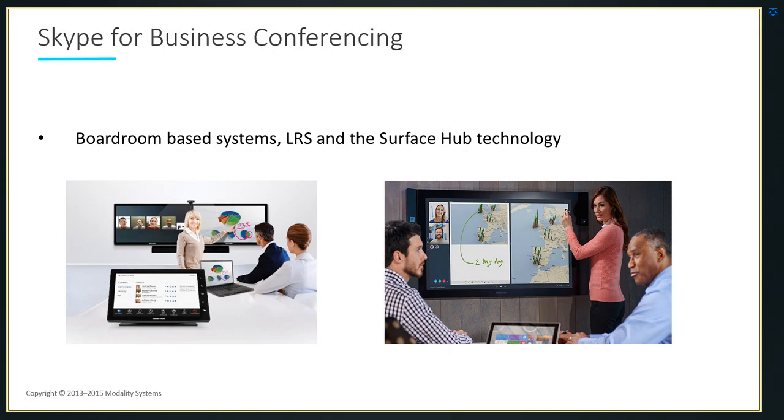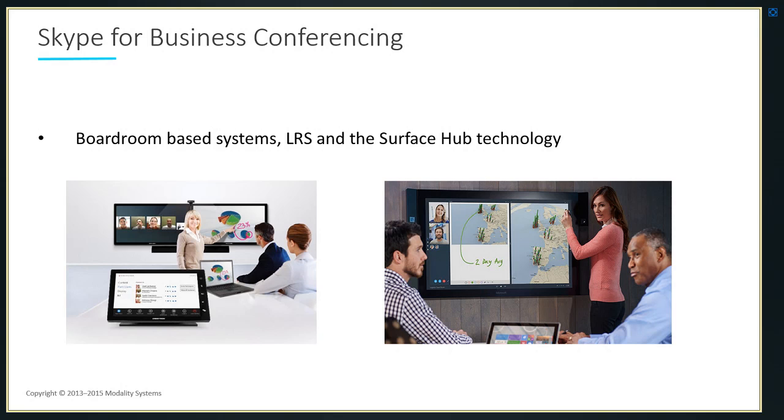Lastly, on this element of conferencing is the boardroom-based system. As you can see on the left-hand side of the picture is the current Lync room systems. They've been about for a while now. There is an upgrade coming with the LRS systems. At the moment, they're classed as LRS 1.0. With Skype for Business, these are now going to be classed as LRS 2.0.